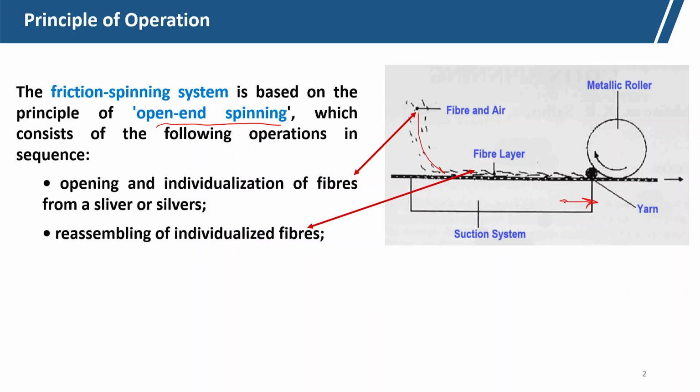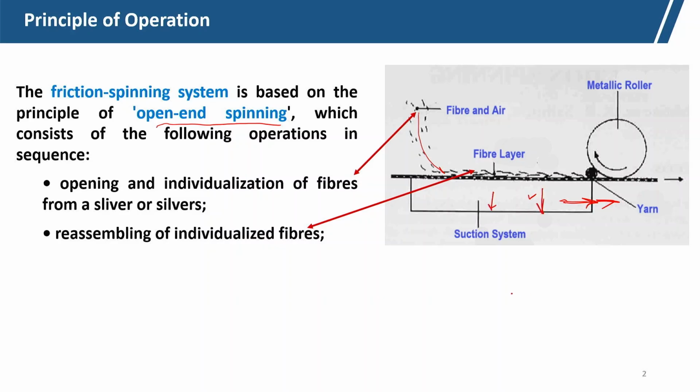This surface suppose moves in a direction, and if there is no suction, the fibers will simply float and fly away. And we cannot have any other friction mechanism which will actually press the fiber against this perforated surface. So, that is why we need one perforated surface with the suction.